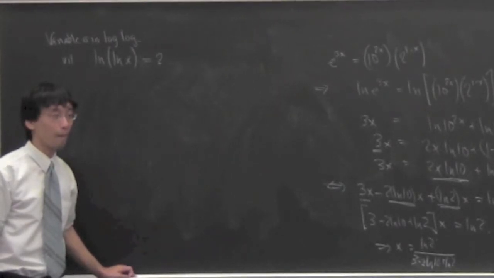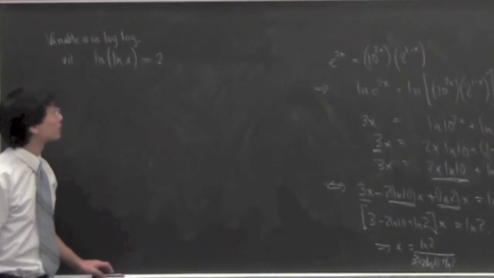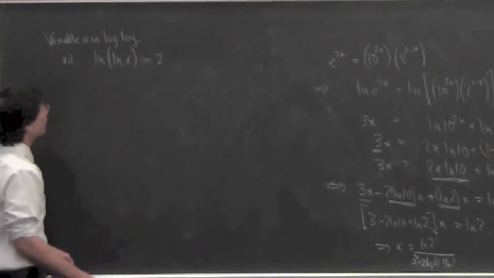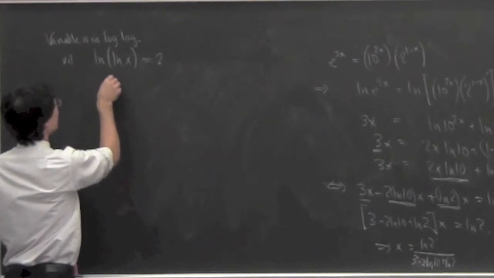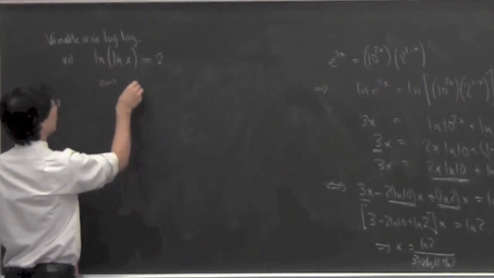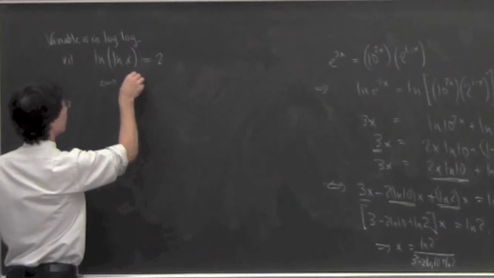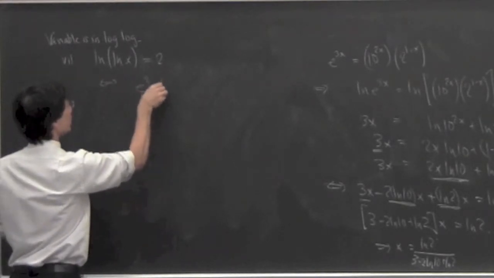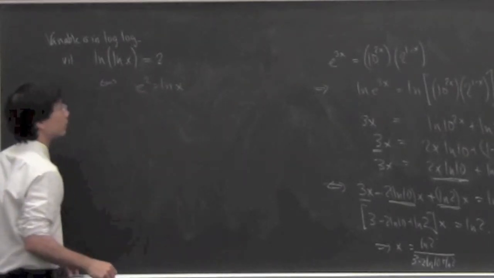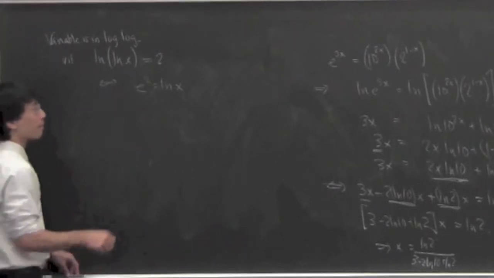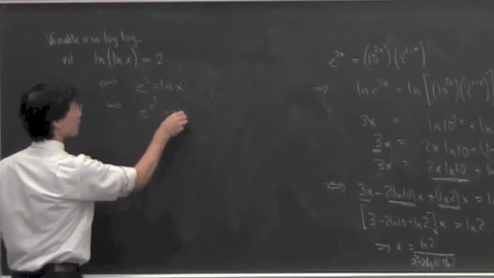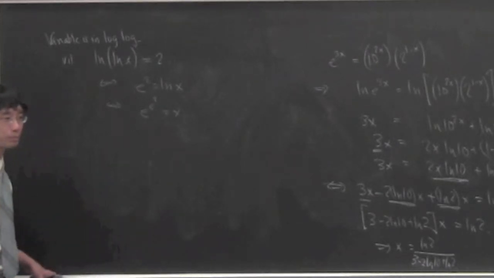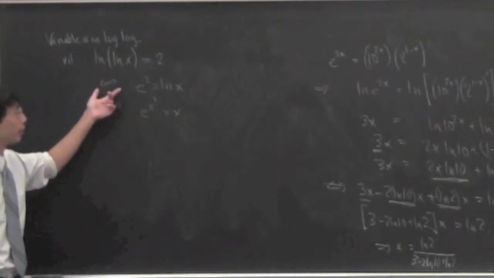Would you say that e squared is natural log x? Well, let's see. Okay, so you could translate that. You could say, this is the same thing as saying that e to the 2 is natural log x. And then e to the e squared is x. Okay, so you do the same thing that Caroline said.